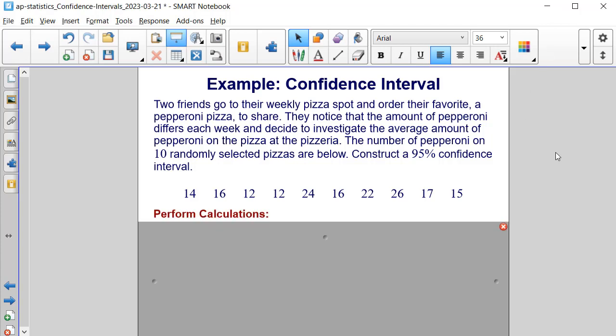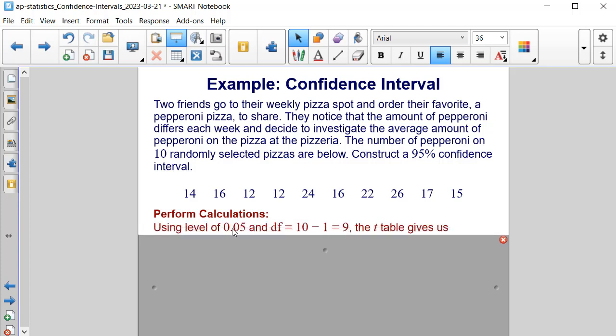The next step in solving is to perform our calculations. Well, we know that we have a 95% confidence interval, so we need to subtract 95 hundredths from 1 and use a level of 5 hundredths when reading the t-table, and our degrees of freedom is 10 minus 1, or 9.